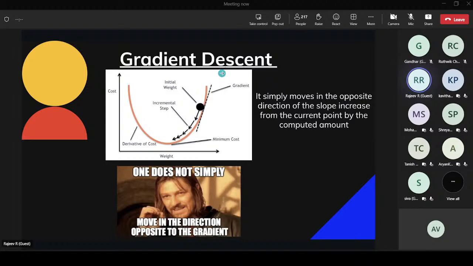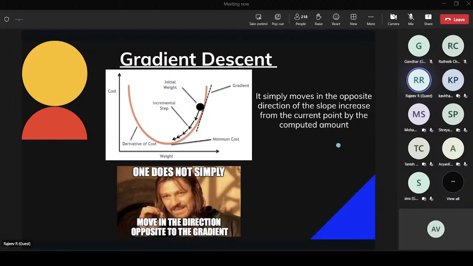Imagine if you're on a hill, you tend to fall down to the valley in between those hills. The valley is a place with zero gradient. So when we fall down, it means we are moving towards the minimum. In this case, if your gradient is positive, the change of your variable will be negative.